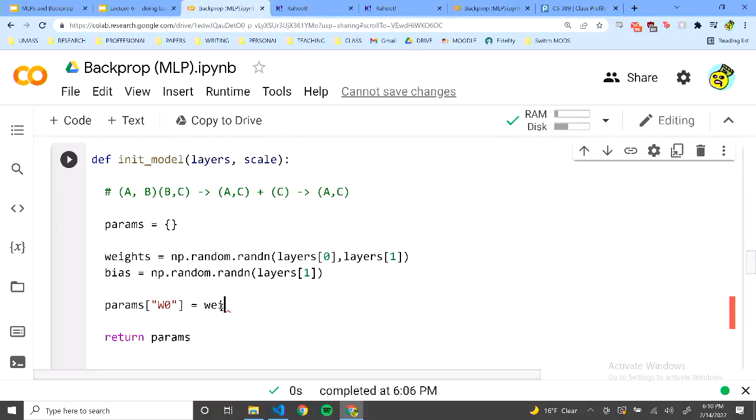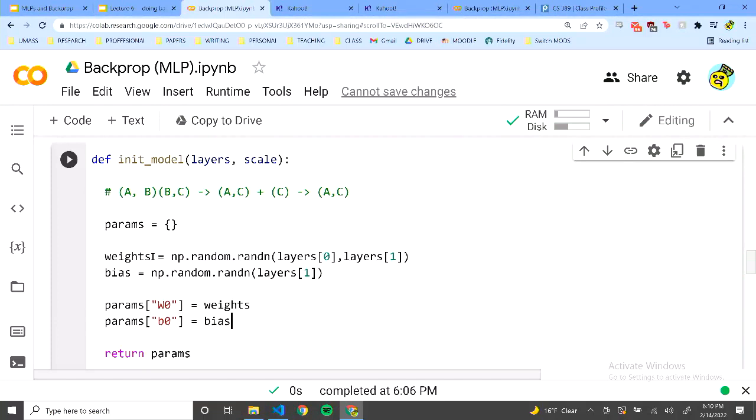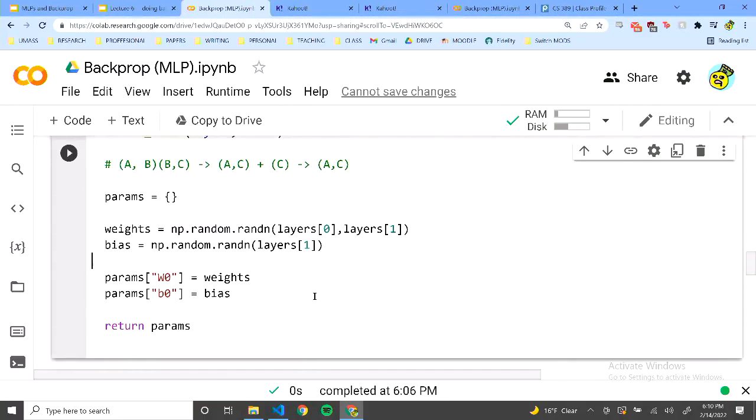So this will now be weights. This will be our first weight matrix. Later on, when we want to have multiple layers, we'll have to generalize this somehow. Similarly, for our bias we have b0, and this is just going to be equal to bias. So now we return parameters, and we have both our weight 0 and our b 0, right? Cool. So we can save this.